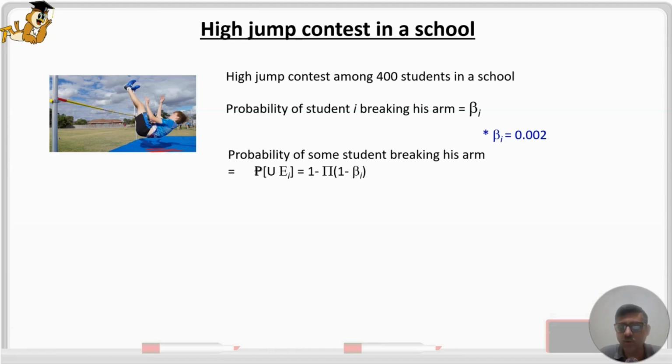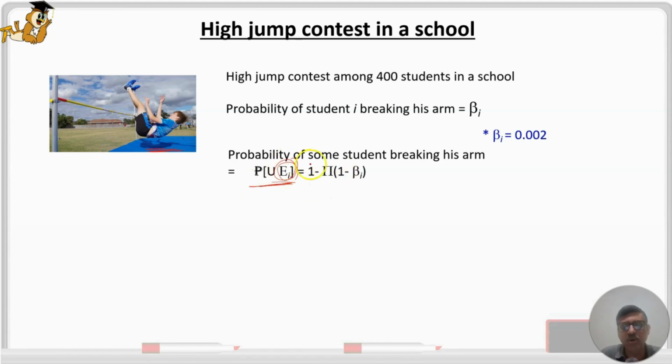Because she didn't want any student to break his arm. And she did the computation, and this computation was really the probability of the union of E_I, where E_I is the event that student I breaks his arm, and she wanted to find this probability.